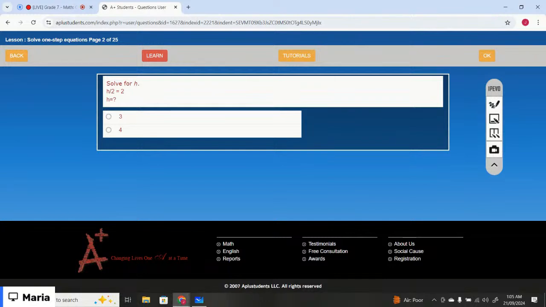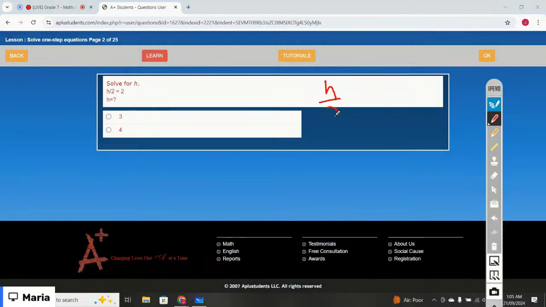Solve for h. h divided by 2 equals 2. So h is being divided, right? That means you need to multiply both sides by 2.